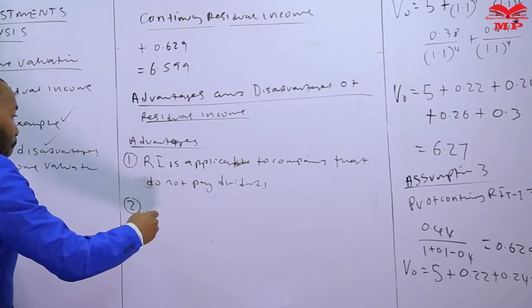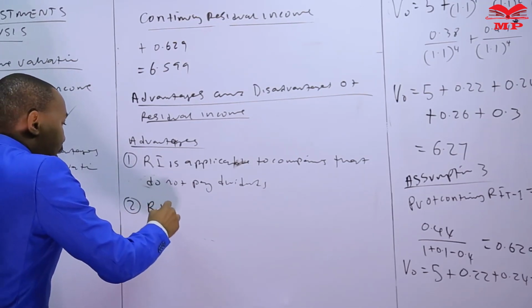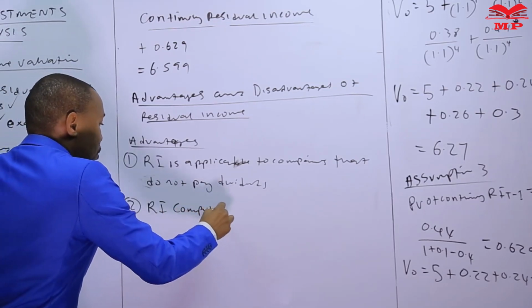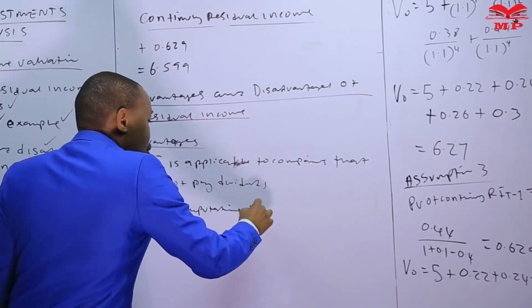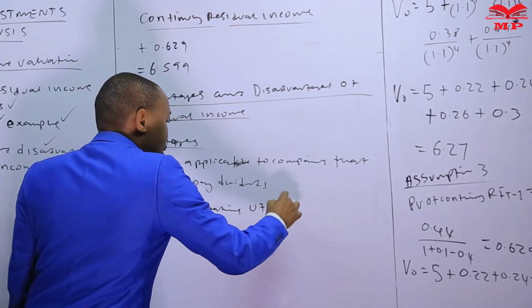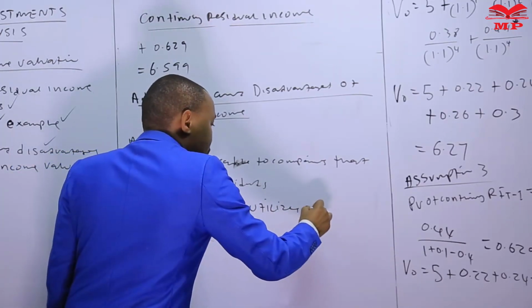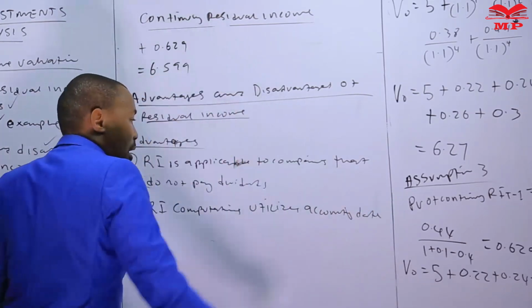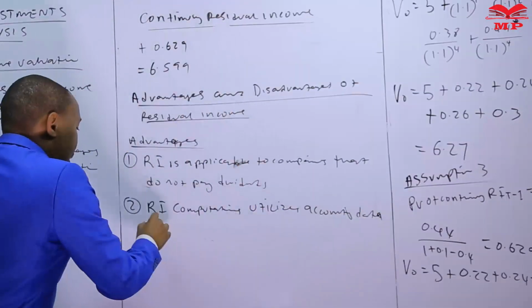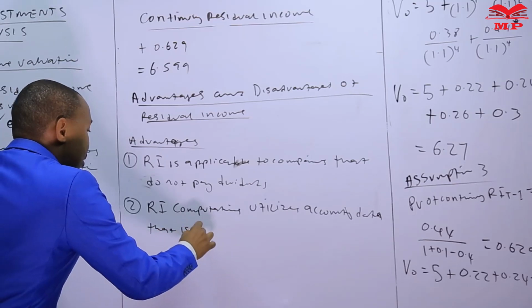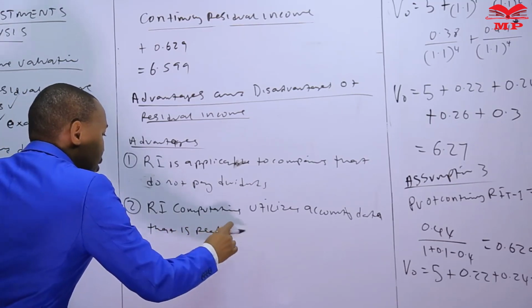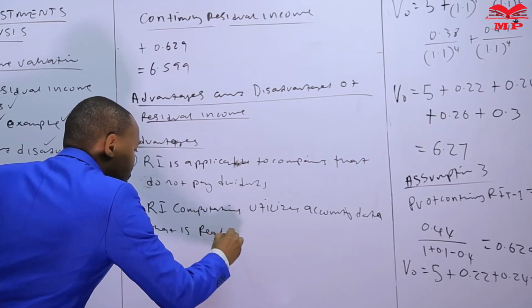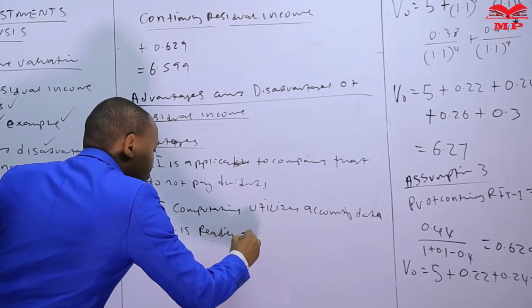Number 2, RI computation utilizes accounting data that is readily available.